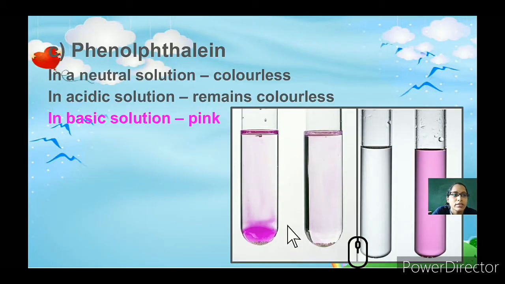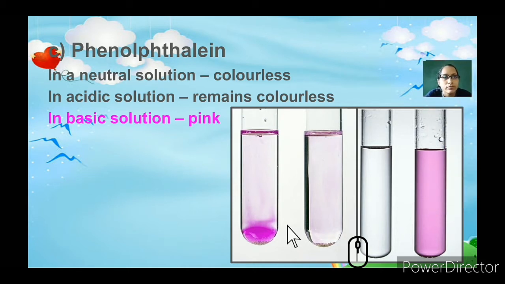Next we can see the use of phenolphthalein indicator. Phenolphthalein indicator is an almost colorless solution. When you add this indicator to an unknown solution, it remains colorless when it is acidic in nature.